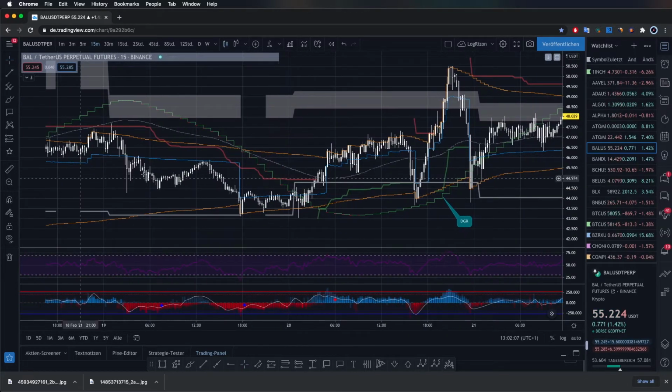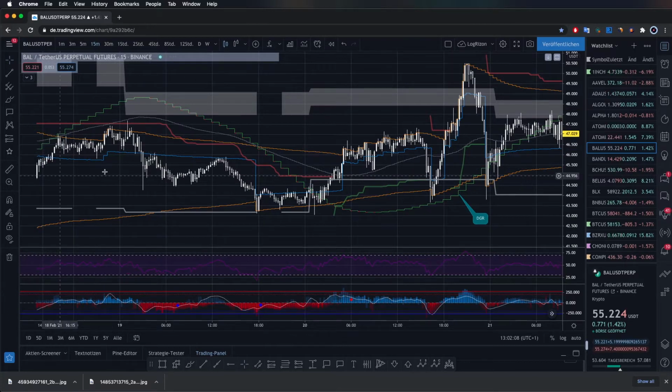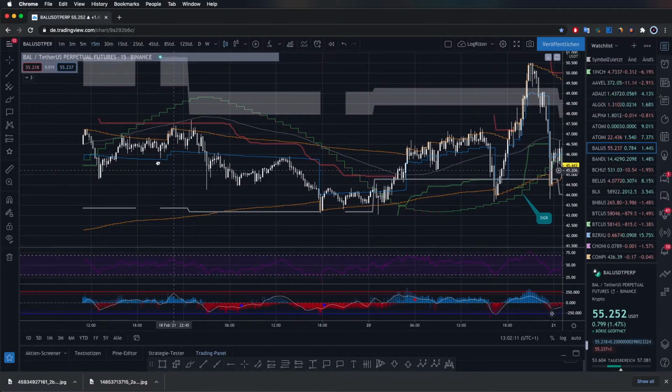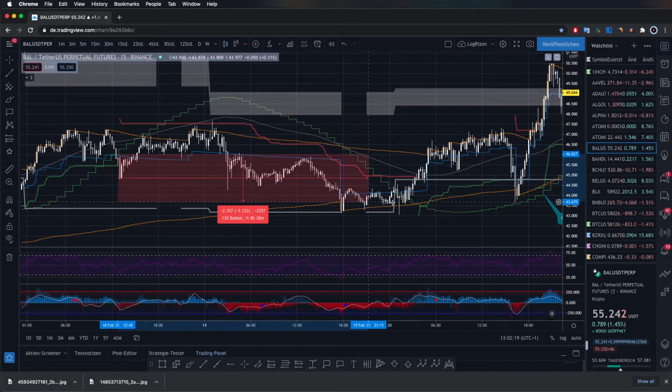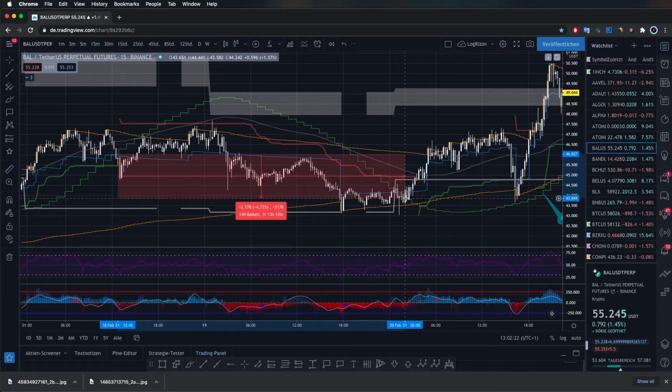Here also, if we just go a little bit back, you see we crossed it over here, and from this point, by crossing it to the point where we break it to the upside again, we were losing more or less about 4%.